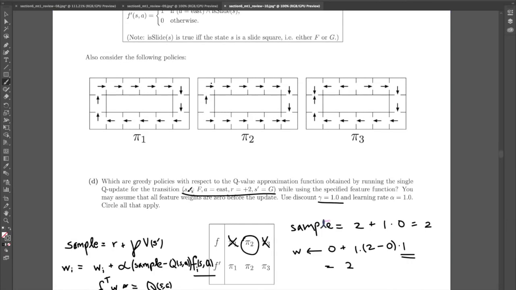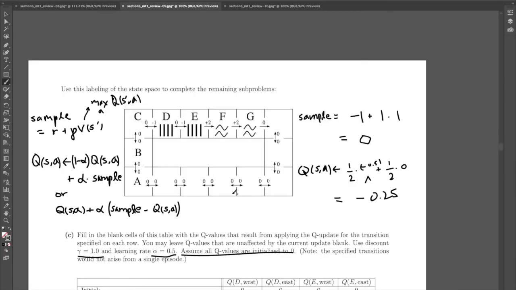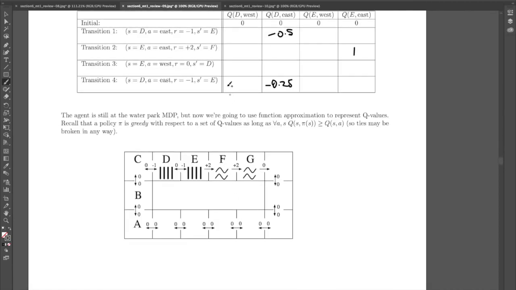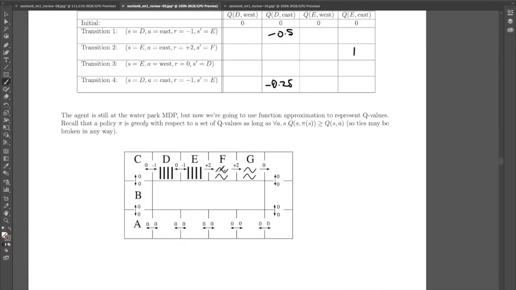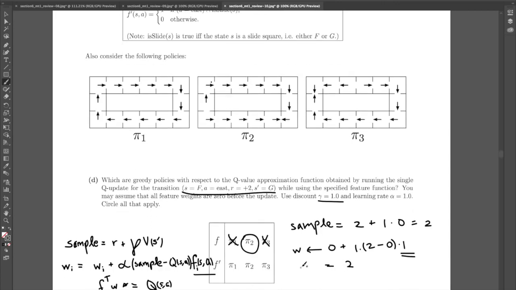And it turns out that, f comma east, which is this update, so f puts you somewhere over here, I believe. Actually, let's go back to the previous picture. So where does f put you exactly? F puts you in this square over here. And that square, as we can see, is a slide, right? Which means that this function is equal to 1, so the weight gets updated to be the same thing.